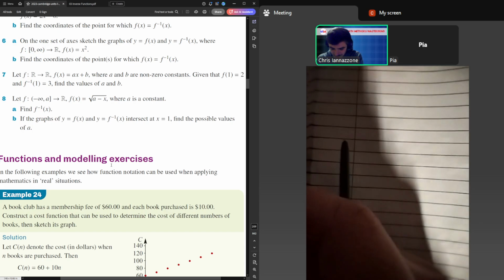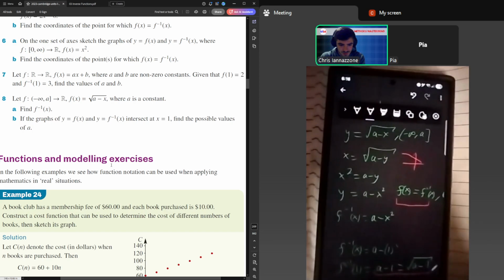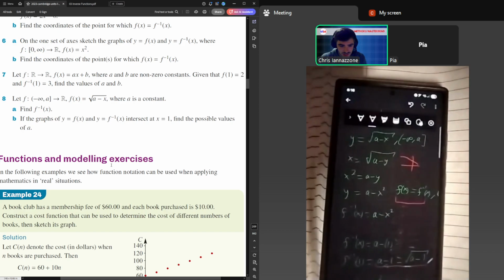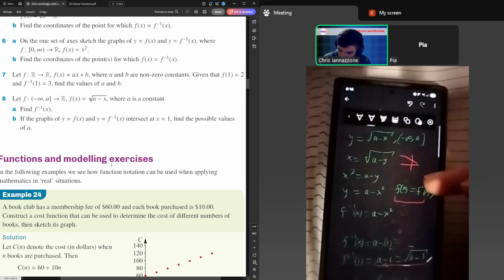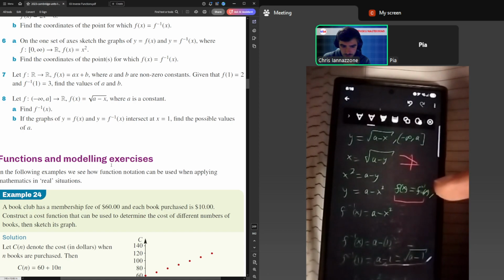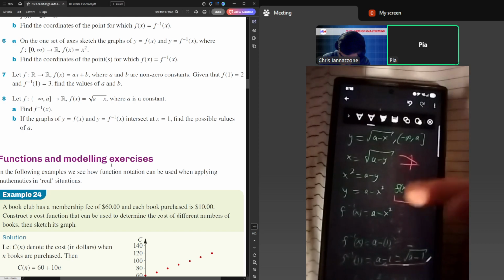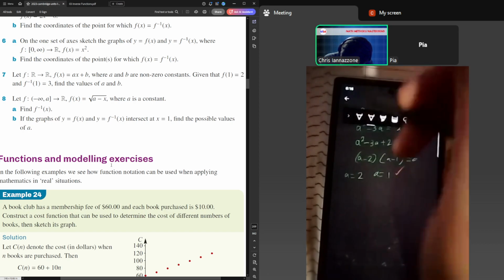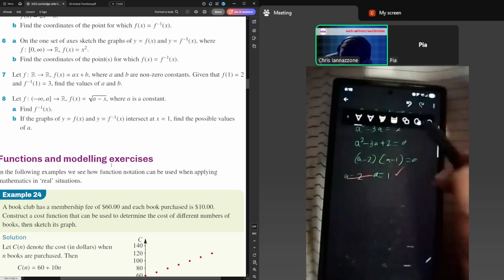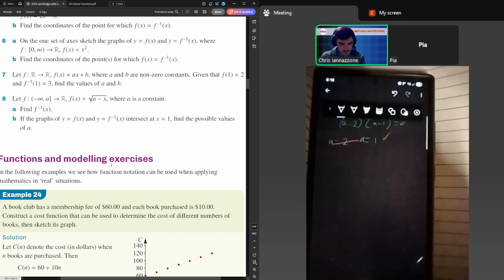If you had to do that by hand, you'd have to sketch each of those individually over their domains. Fair enough on what was going on there. So you would obviously then just cross that one off. Only a equals 1.